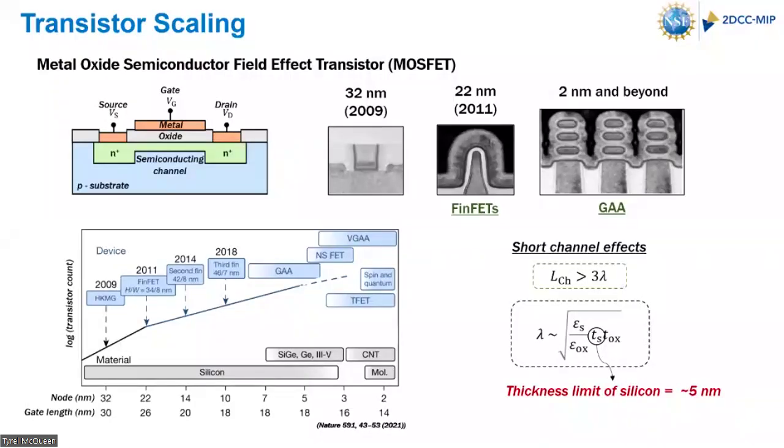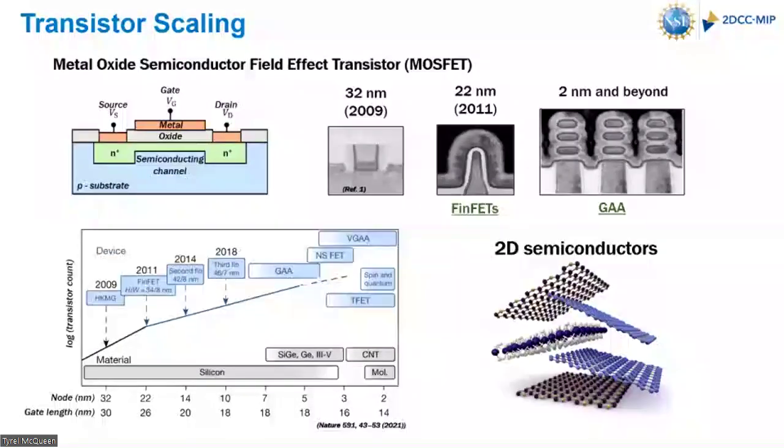That improves the electrostatic control even more. But the problem with silicon is that if you try to continue to shrink down the thickness of silicon, you start to have some fundamental problems. And that's reached at about a thickness of 5 nanometers. So this is where 2D materials come in, okay?